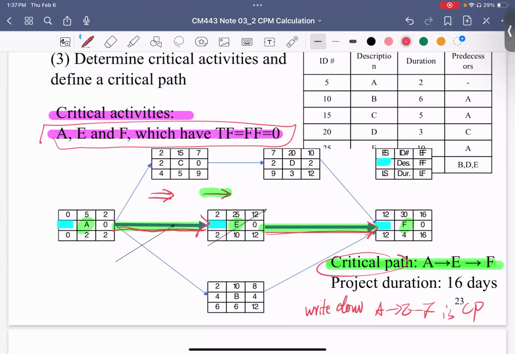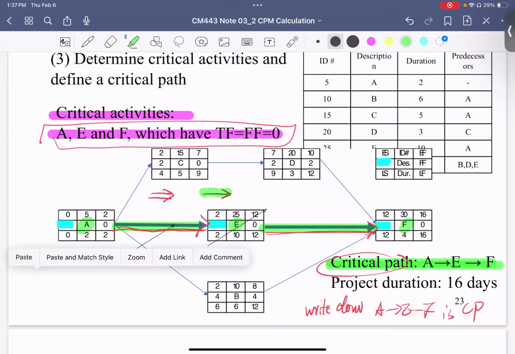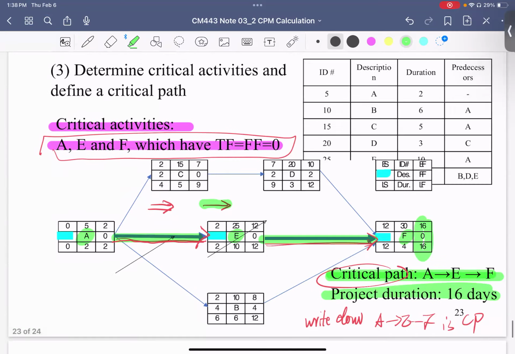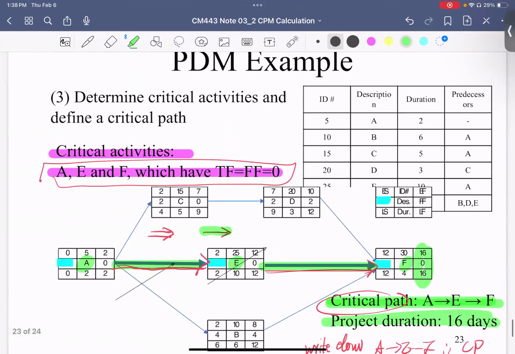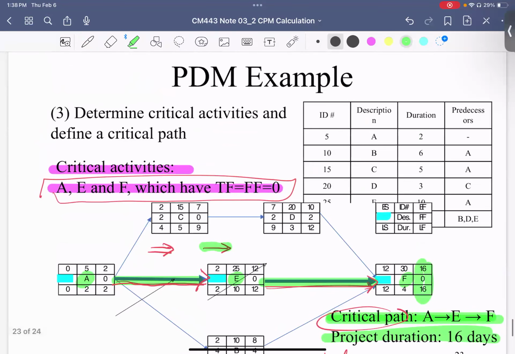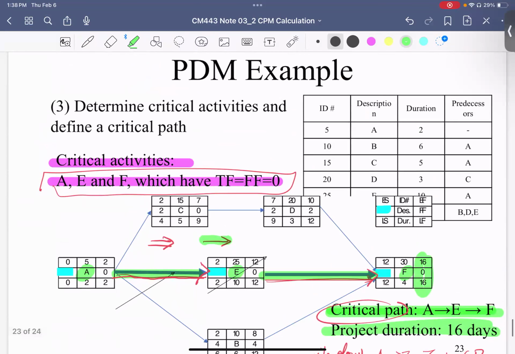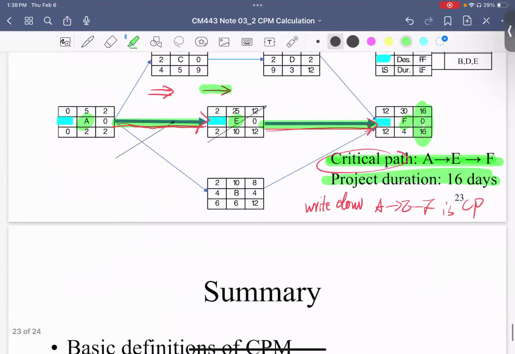And also don't forget you have another statement, your project duration. It comes from here. So write it down: the project duration is 16 days. So that is the 3 steps using the 3 questions in this example. When you're doing the exam, you will have similar questions.